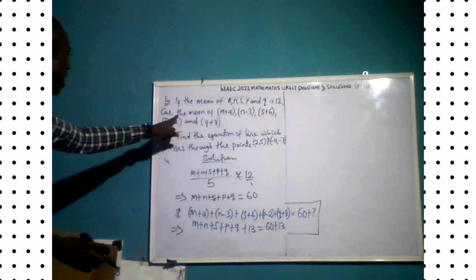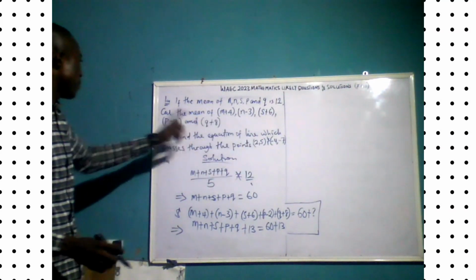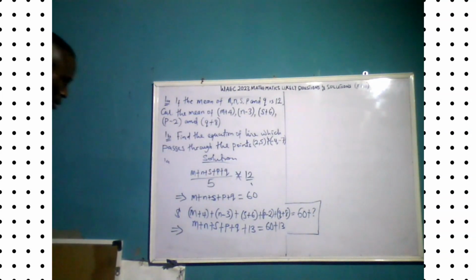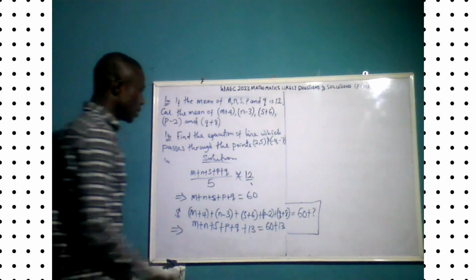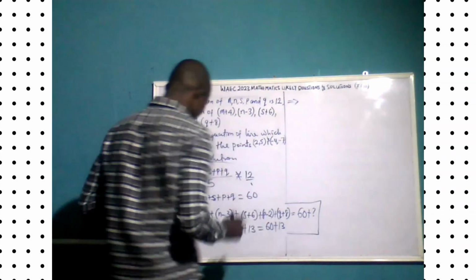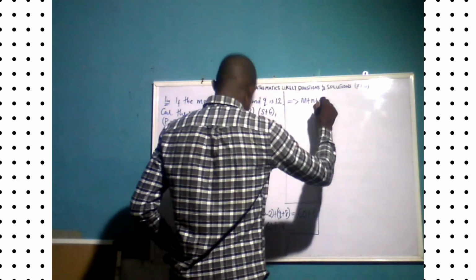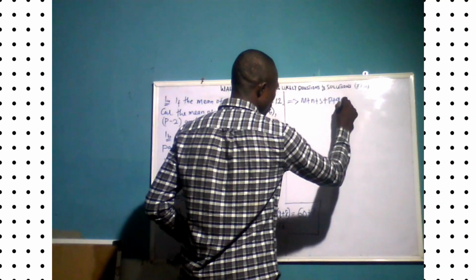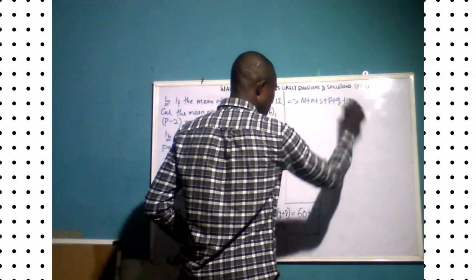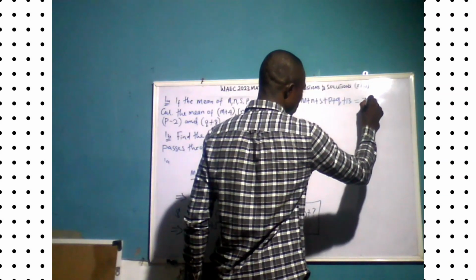The question is that we have to find the mean of this. This implies that m plus n plus s plus p plus q plus 13 equals 60 plus 13, that will give you 73.